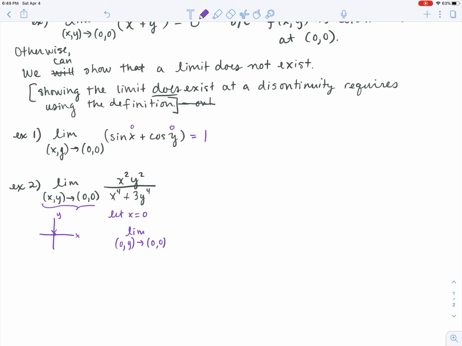So then we're going to get 0 over 0 plus 3y to the fourth, which is 0. Now, I want to just take a moment to point out that this isn't 0 over 0. This is 0 over something approaching 0. So it's not the indeterminate form.